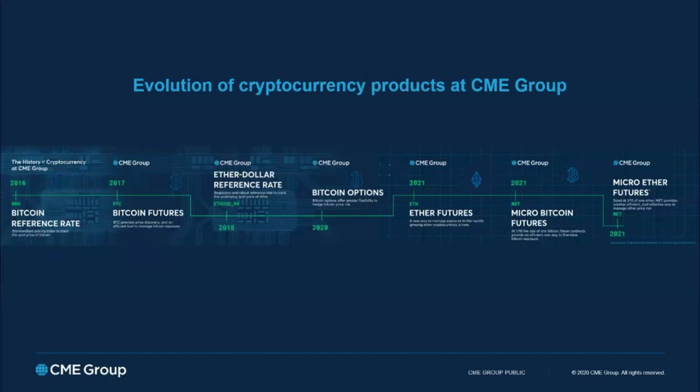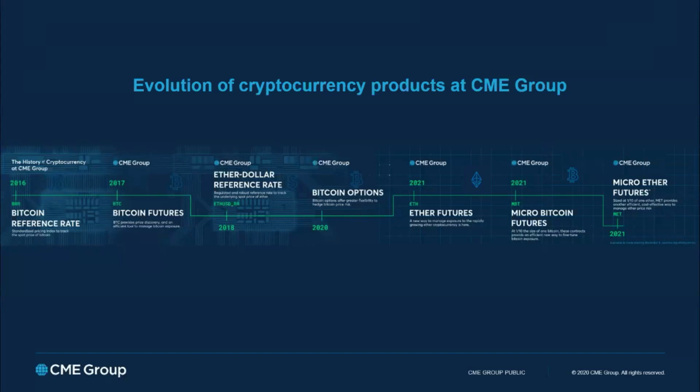So taking a look at the timeline of how we got to where we're at today in terms of cryptocurrency products at CME Group. Our first foray into this market was back in 2016 when we launched our Bitcoin reference rate. What that is, we take the pricing from the top 5 spot cryptocurrency exchanges by volume.